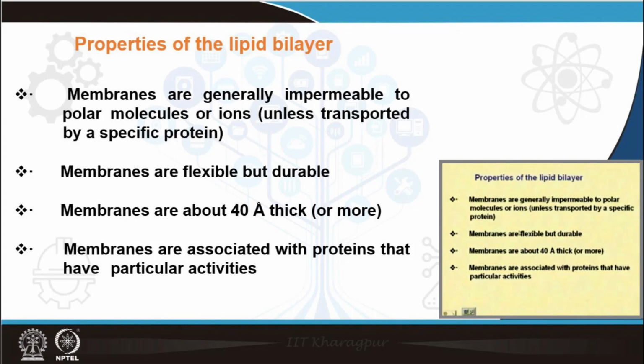If you look at the properties of the lipid bilayer, they are usually impermeable to polar molecules or ions. Now, you understand why that is so, because you have the polar head groups on the surface only, and if we have to have a transportation from the inside of the cell to the outside or from the outside to the inside, then it is not possible because of the hydrophobic chains that are present traversing the whole membrane.